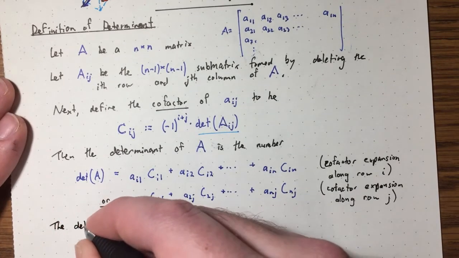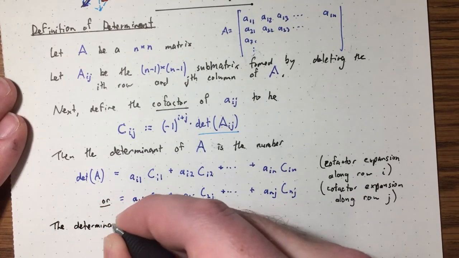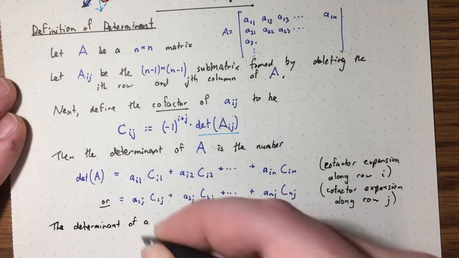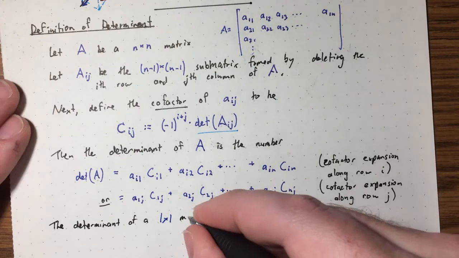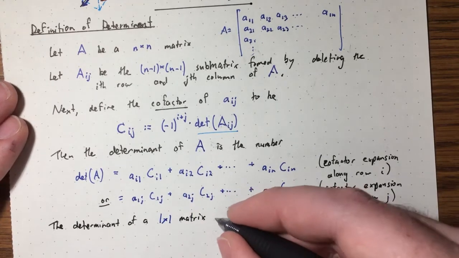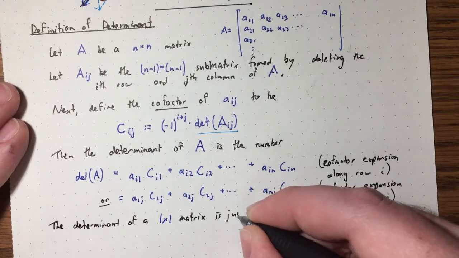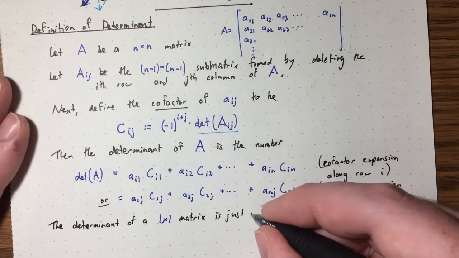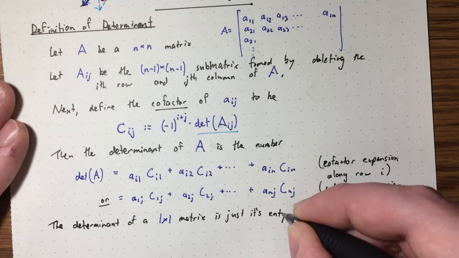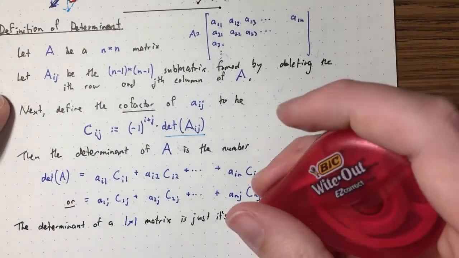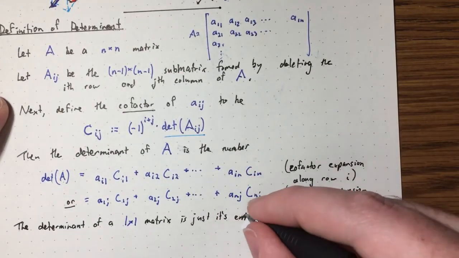So the determinant of a 1 by 1 matrix is just whatever the number is. It's just its entry.